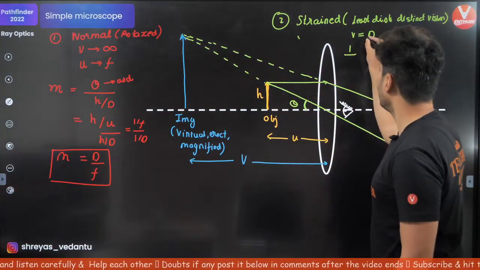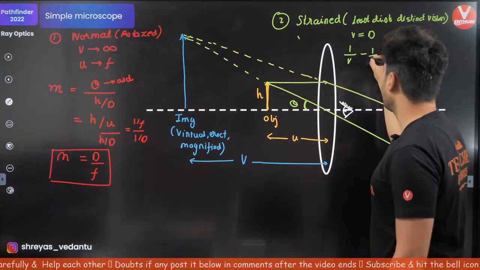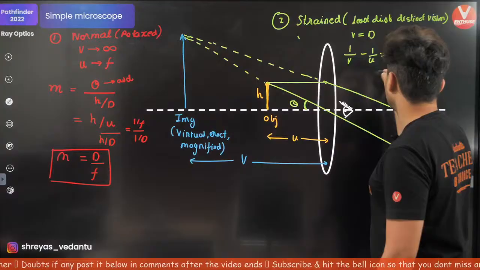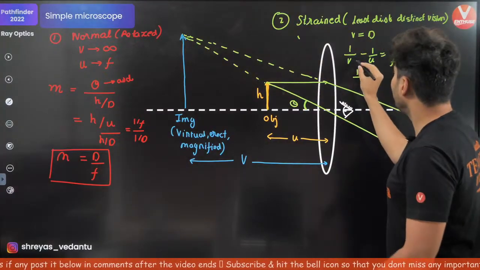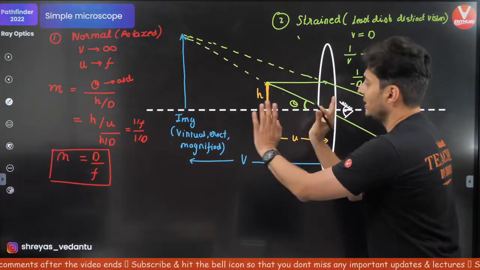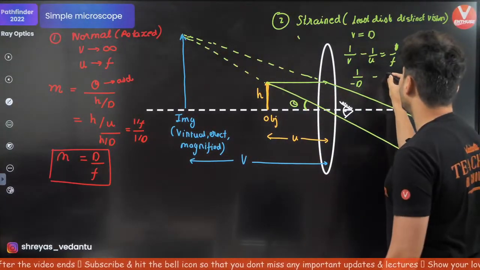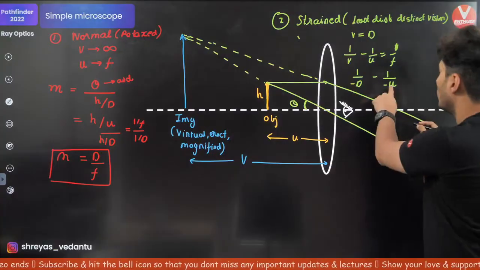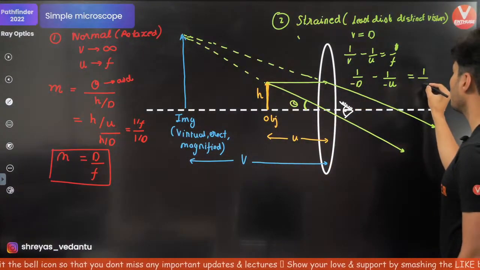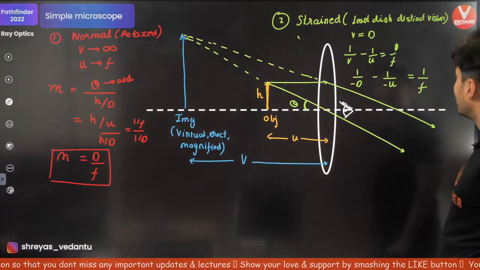So 1 by V minus 1 by U is equal to 1 by F. So 1 by V, V is nothing but D, but D is negative because you're on this side. Even the object distance is negative. I hope you can see that because you're on the negative side. And this will be equal to 1 by F. I hope you can see that.